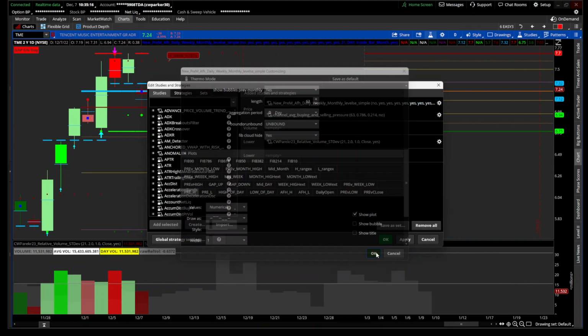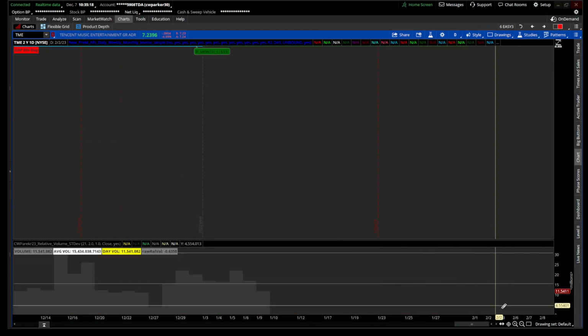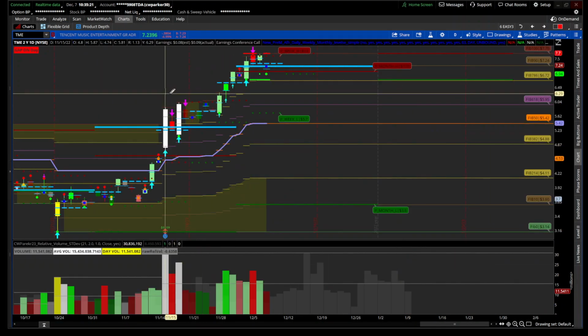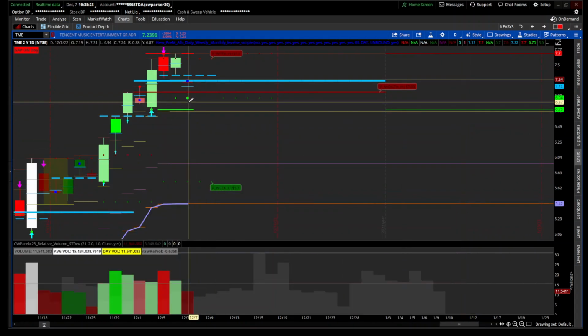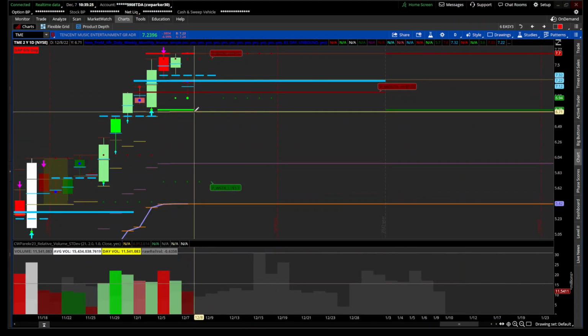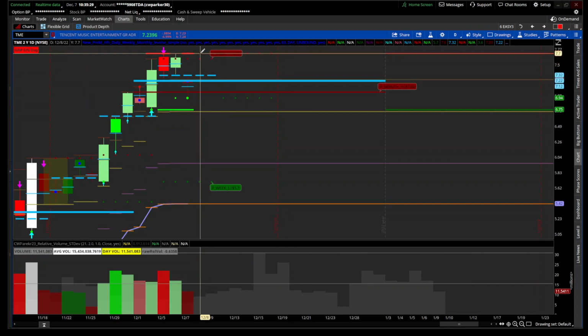So that's what I mean by unbounded. And where are we with our fibs on a 3-month basis? So this will be your 78.6, this will be your 10%, and this will be your highest one right here.